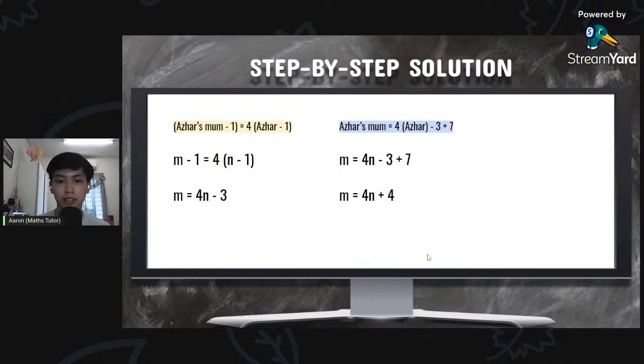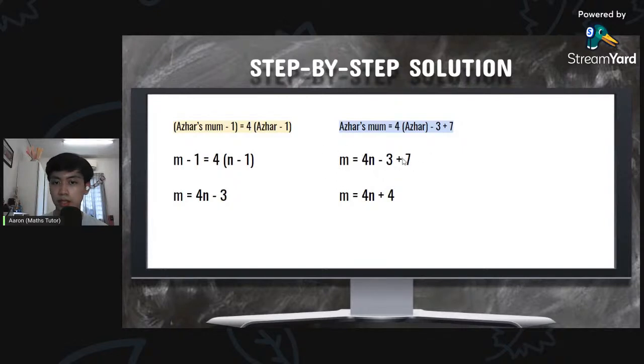Maybe you will ask why we don't add a 7 at the m here. If you add 7 here and you add 7 here, then eventually if you move the 7 to here, it will be cancelled off. So that is not correct, because the 4n minus 3 already represents the m.